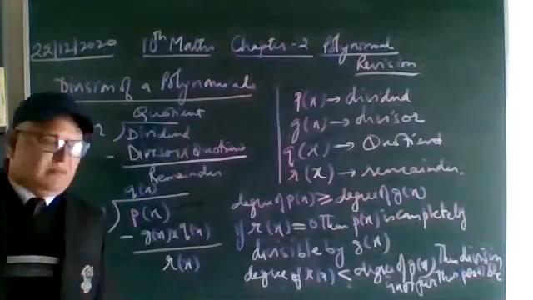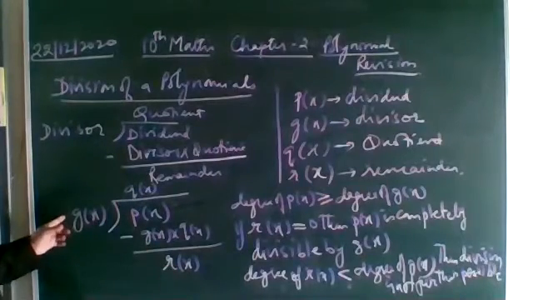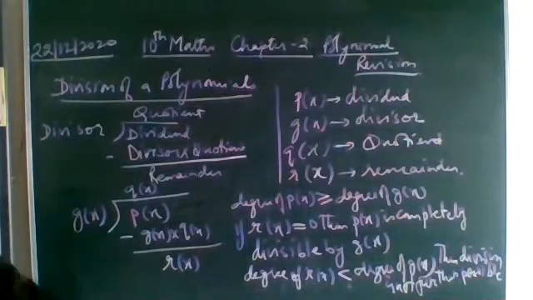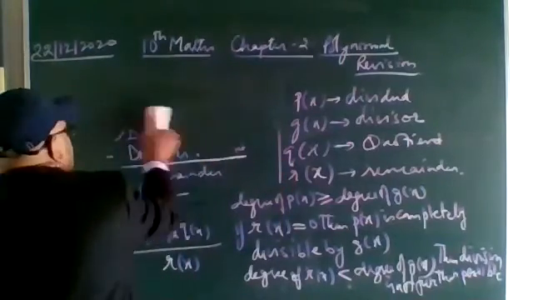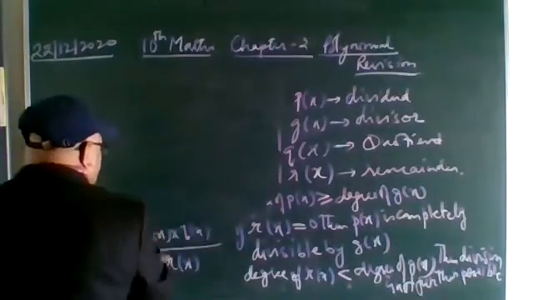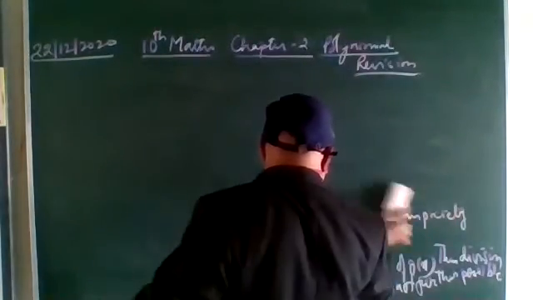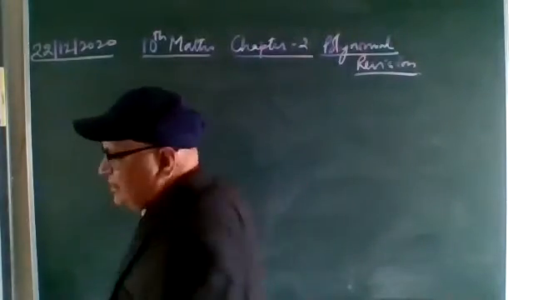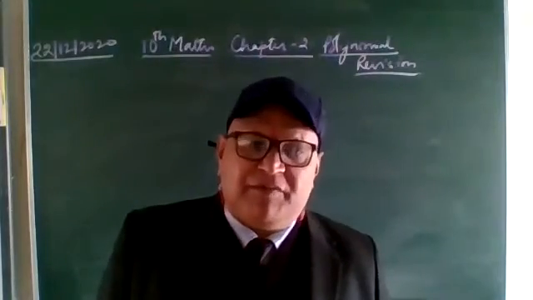You have to remember that when you are dividing, suppose the degree of this is x square, the degree is 2, and the other degree is 1. You cannot divide. So first of all, whenever you are dividing, you see whether the polynomial is in standard form or not. If not, you arrange the terms in descending order of power, and after that you divide.